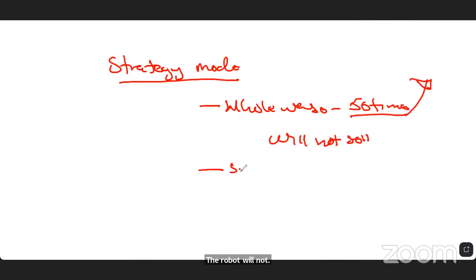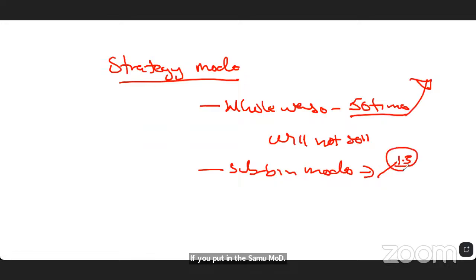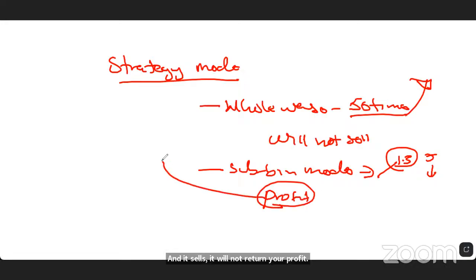If you put in the sub-bin mode, when the market rises, let me say by 1.3, if that is what it is from your physical going down, and it sells, it will not return your profit. No, it will use your profit to pull the average price closer to the current price.